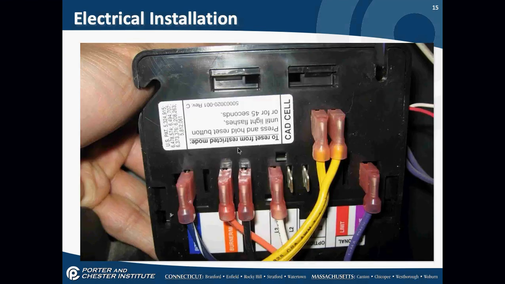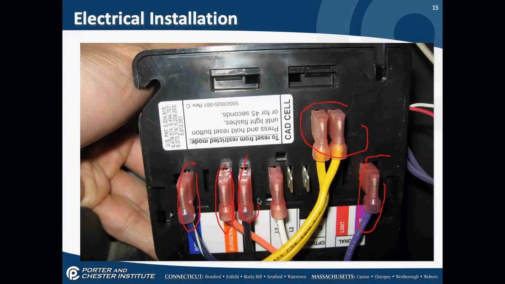Okay, this primary control, my CAD cell connections are right there, and if you look closely, I have a blue wire. Okay, what's labeled under that is ignition. Okay, over here it's labeled oil valve on the purple. Okay, I have a burner motor, that's my orange.